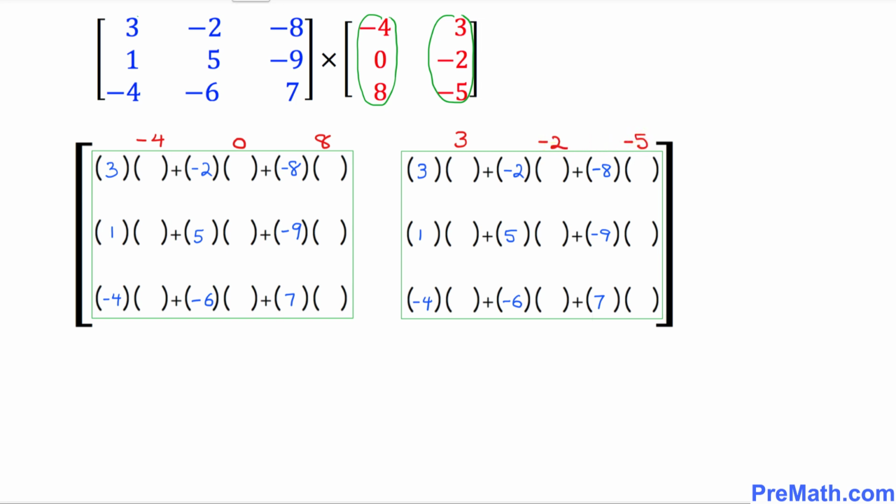Now the next thing is, I want you to fill out this one. It's going to filter in all the way. So that means this is going to become -4, -4, -4. Likewise, 0, 0, 0 across the board, and 8, 8, 8.